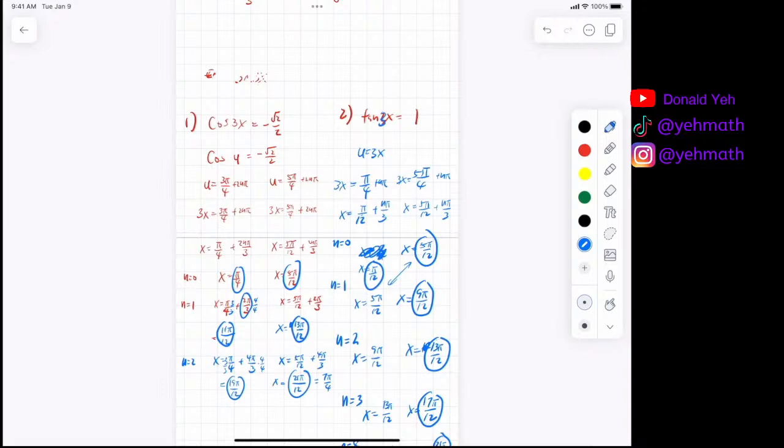If you want to practice more, you can go from 25 to 30, and you can choose even or odd. Any of those three questions should be enough for you to practice, but that will be the hardest question on the test that you have to figure out. That's multiple angle. It involves an equation with multiple angle, and you want to find it between 0 to 2 pi.